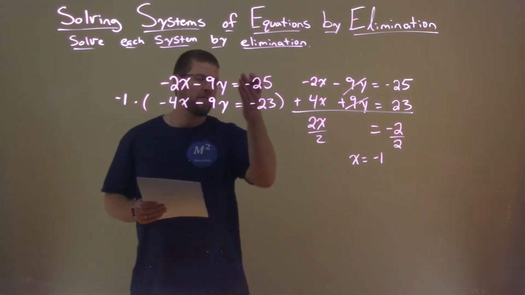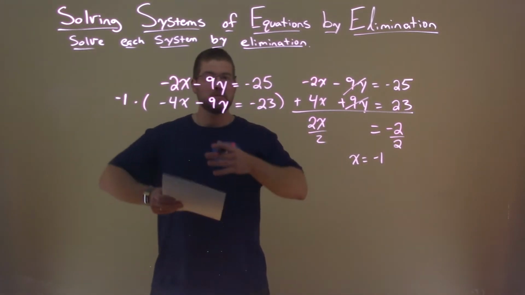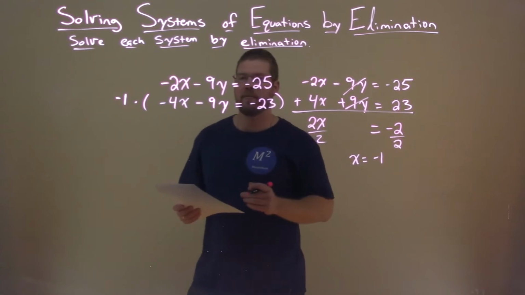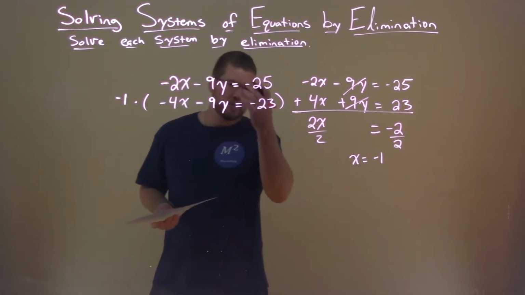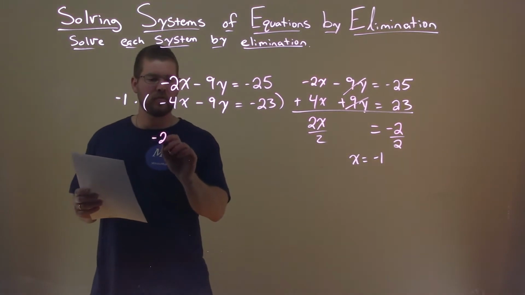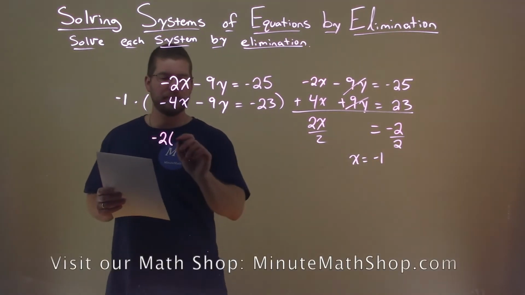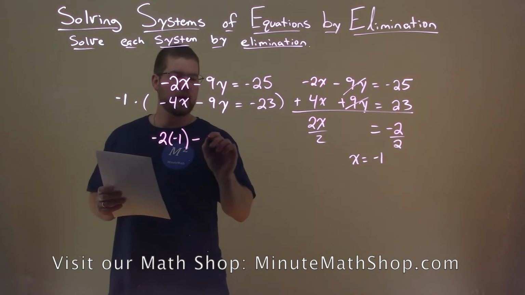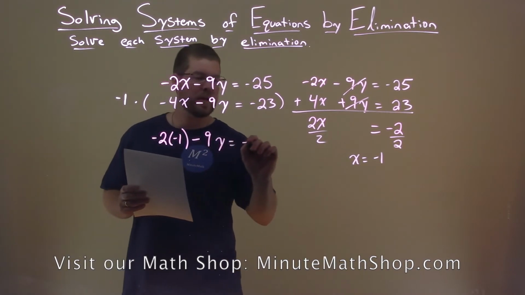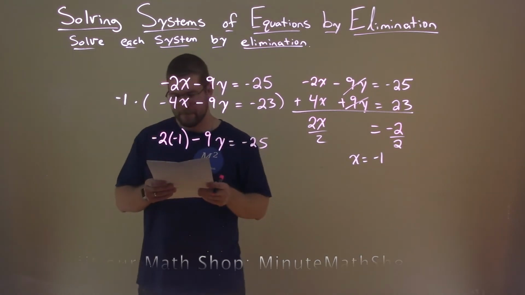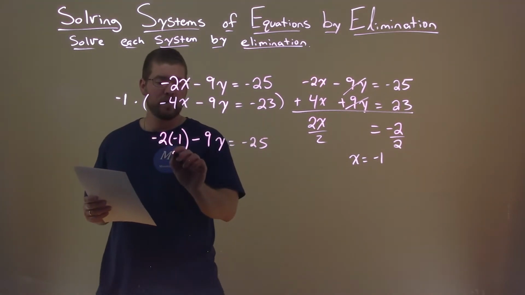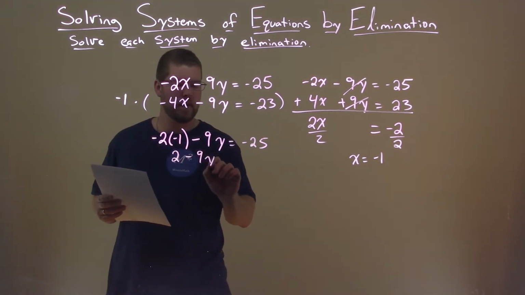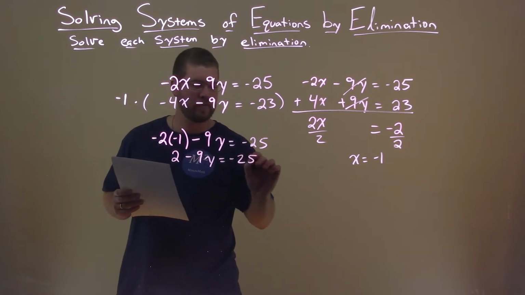I pick one of my equations to plug negative 1 in for x, and I try to find the easier of the two. This one's kind of hard. Let's just pick the first one. Negative 2, and I plug negative 1 in for x, minus 9y equals a negative 25. Okay, well, solve for y. Negative 2 times negative 1 is positive 2. Minus 9y equals a negative 25.